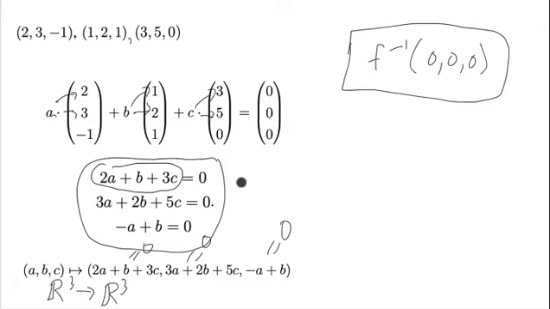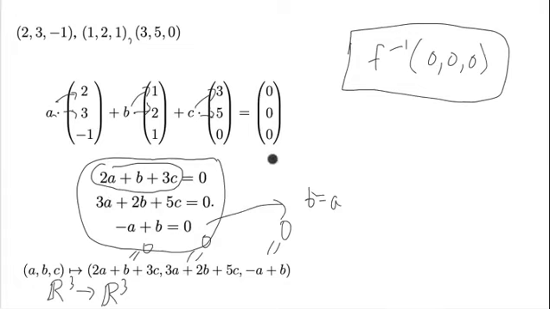Okay, so if we look at this last equation right here, this actually tells me that B is equal to A. There are various ways of approaching this, but maybe this time through, let's just replace all of our A's with B's.